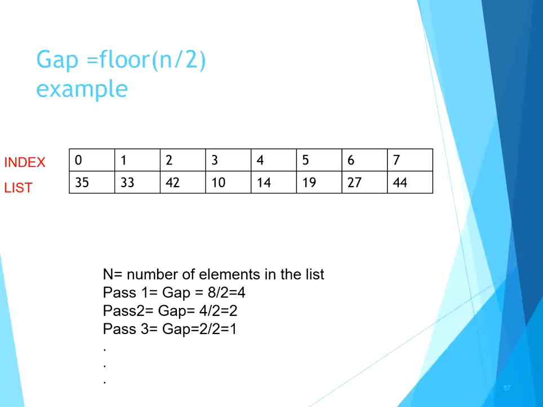Here n is the number of elements in the array or in the list, and if we get a decimal value like 4.5 or 5.5, we just use the integer value. So here we have 8 elements, and we find the gap, which is 8 by 2 equal to 4.